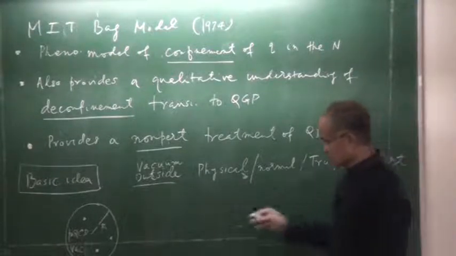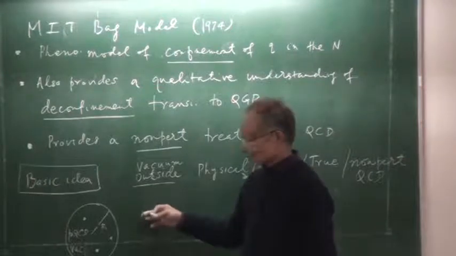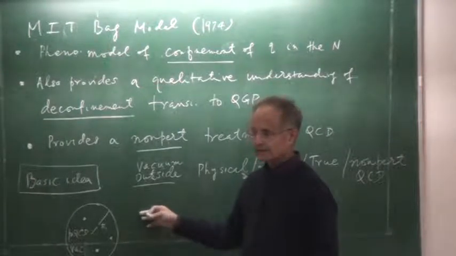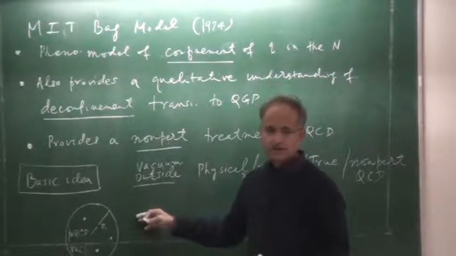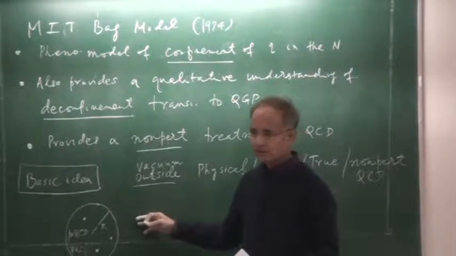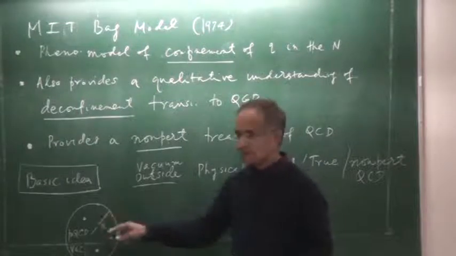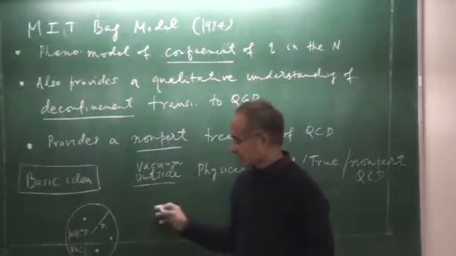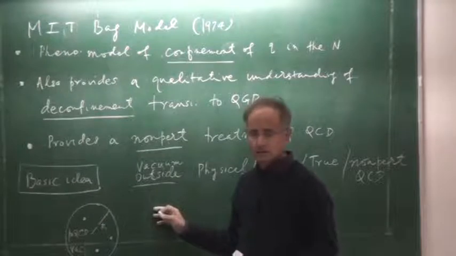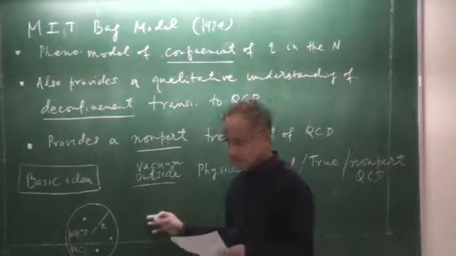Here, this is a horribly complex vacuum which allows only color singlet states. Inside you have these color degrees of freedom, but outside color is not allowed, only color singlet states are allowed.